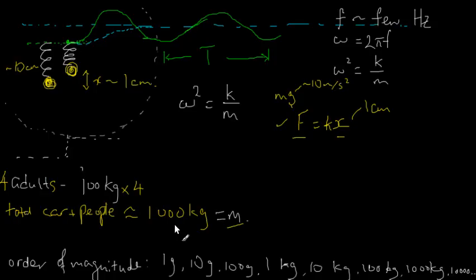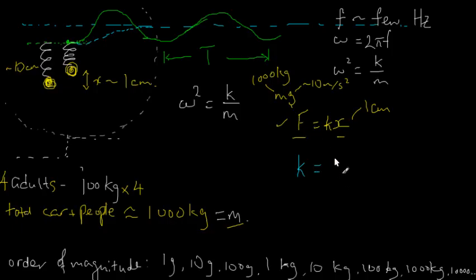So the mass is 1000 kilogram, g is 10, and I have 1 cm for the x. So now I have all the numbers, rough numbers, for the spring constant. We are ready to estimate that.